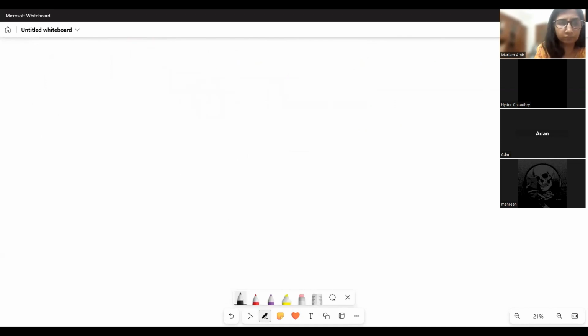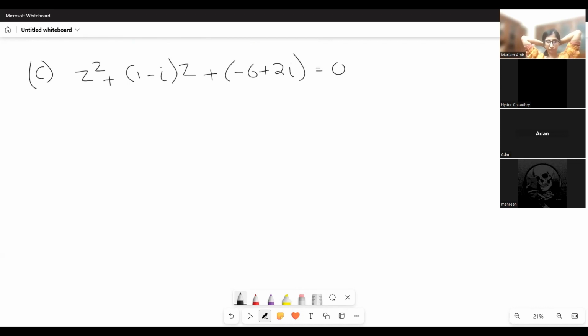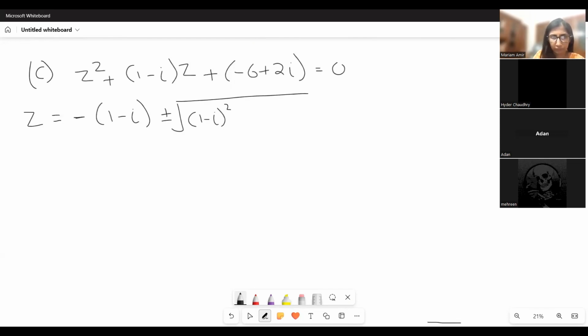Part C. Solve the quadratic equation z square plus 1 minus iota z plus minus 6 plus 2 iota equals 0. So minus b plus minus square root of b square minus 4ac upon 2a.